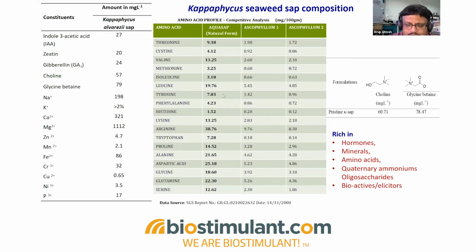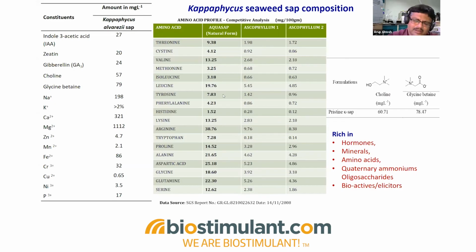You get a lot of these plant growth hormones, which also get degraded when you process them at a higher temperature. But even if you process them at higher temperature, one can still find an effect. One can do alkali extraction, acid extraction, hot water extract, so there are different types of extraction techniques.